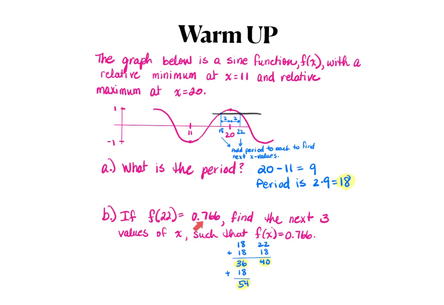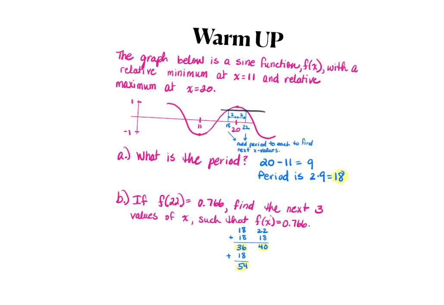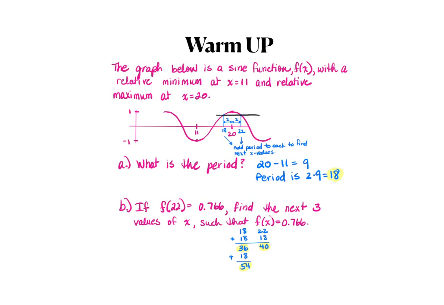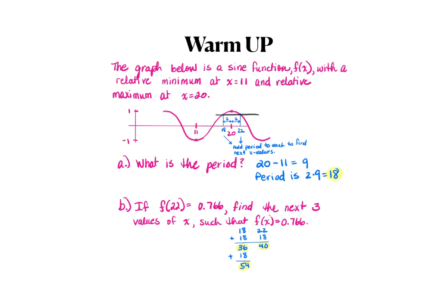Those x values will also give you 0.766. Then to get a third after this 22, I would add 18 again, and you'll find that the next one after that is 54. So the next three values after 22 that will give you this y is 36, 40, and 54.